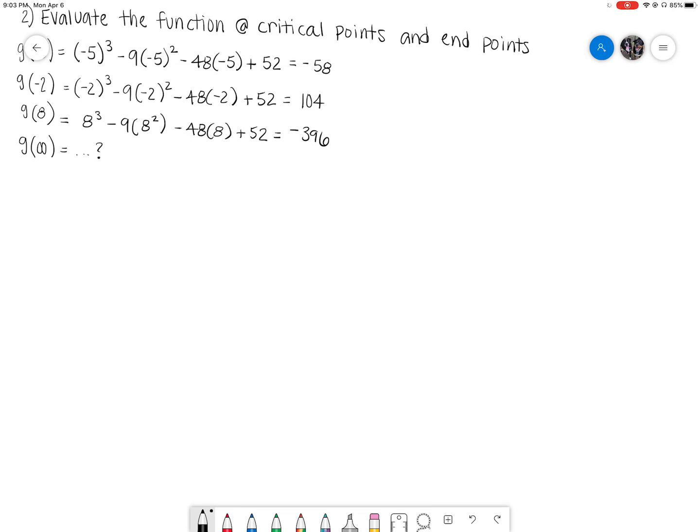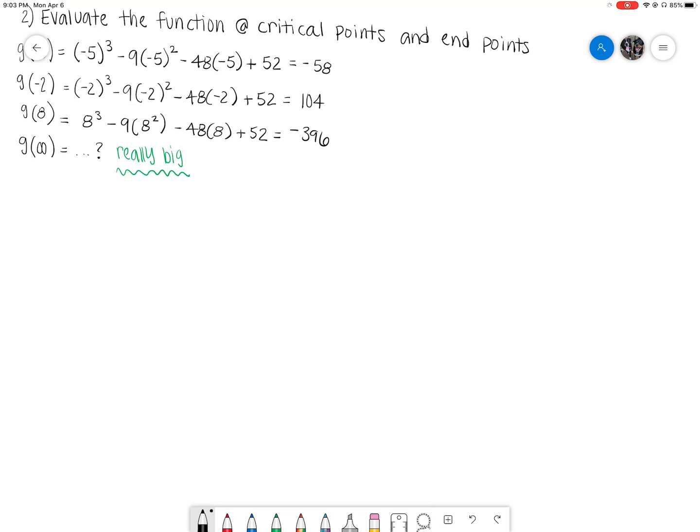G of infinity, we can't really evaluate that, because you can't evaluate things at infinity, but you can think about it. The first thing here in G is an x cubed, so infinity cubed is going to be really big. In other words, definitely bigger than 104. And as we keep getting closer and closer to infinity, G is going to keep getting bigger and bigger, so we have no global max.